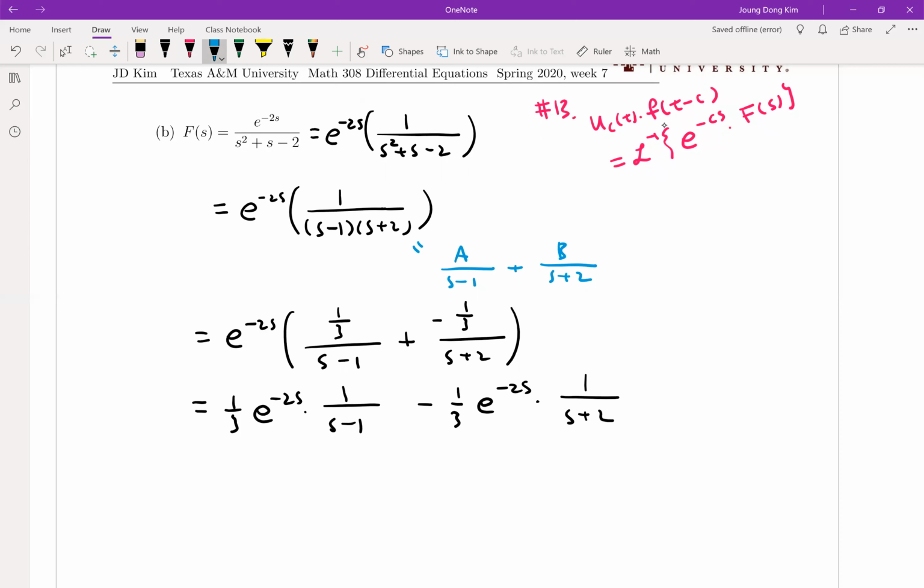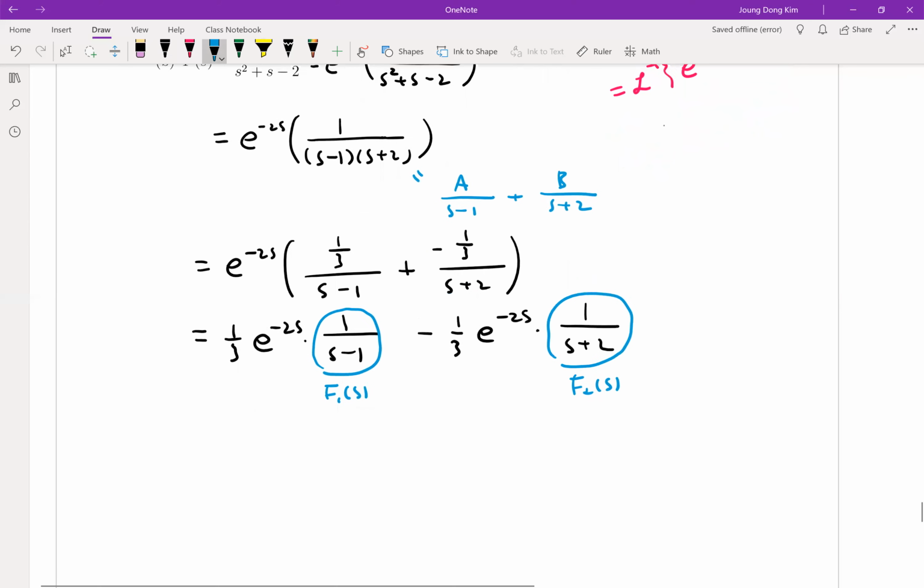Look at that. Your function is e to the minus cs times F of s. So let's say this part is F1 of s, and we're going to take the other one separately.